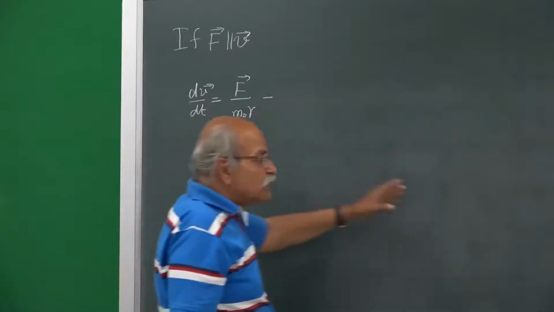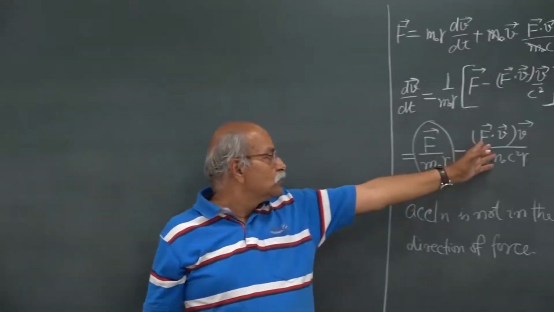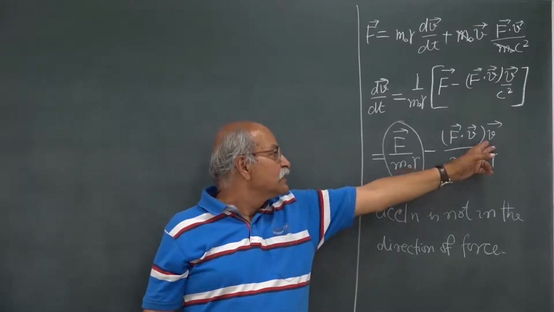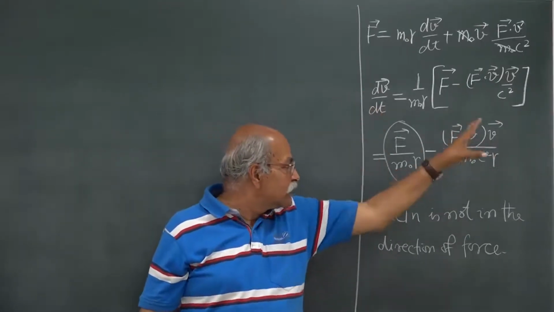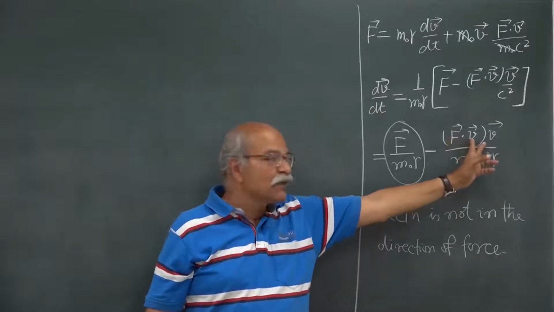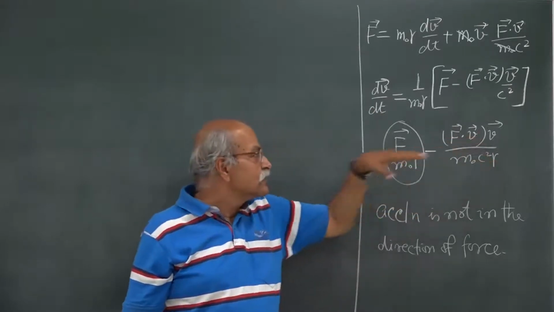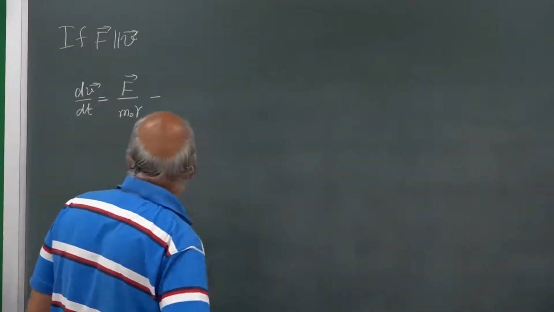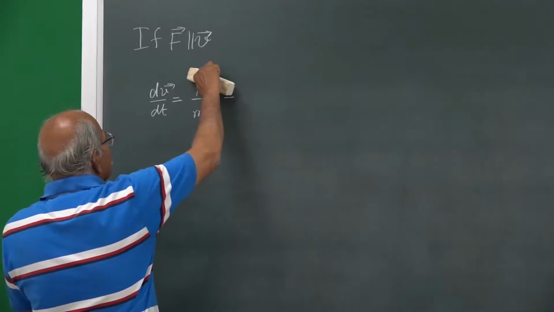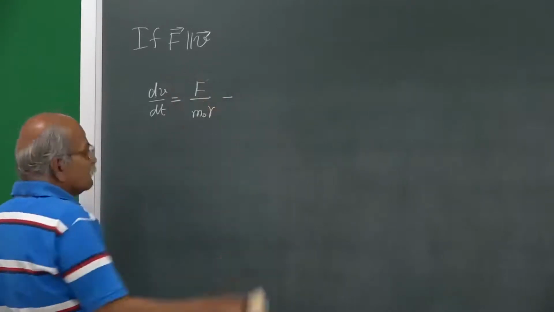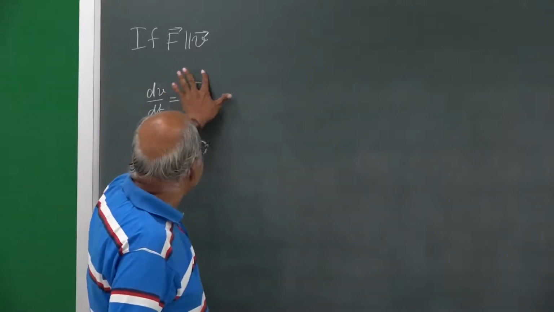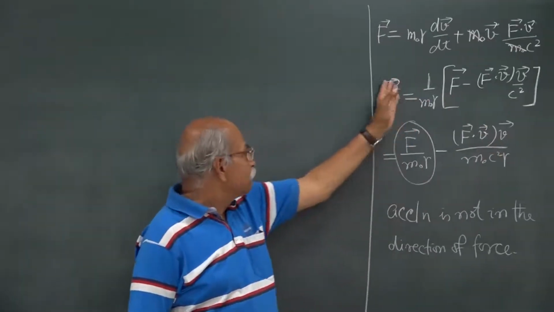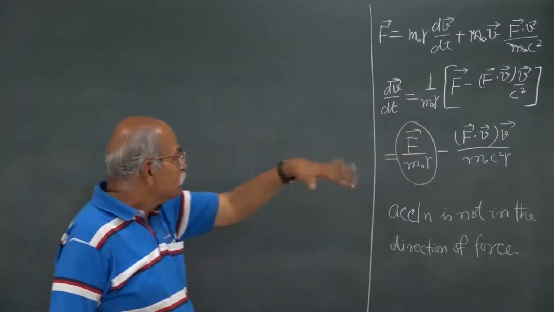F is parallel to velocity, so this f dot v is just f into v, and then this is v. So if I take everything in one direction, this will be f into v square. Okay. So let us take that direction as the x axis direction. All right. So in that direction, if I write only the magnitudes, because all directions are same, force, velocity, everything, all directions are same.